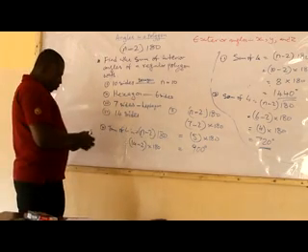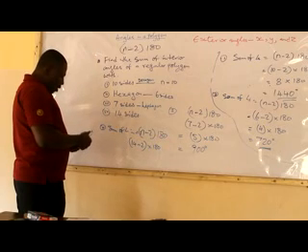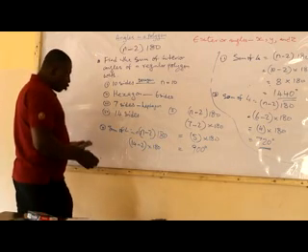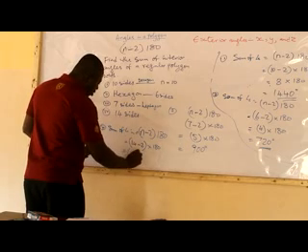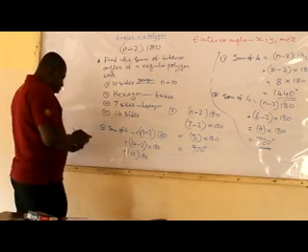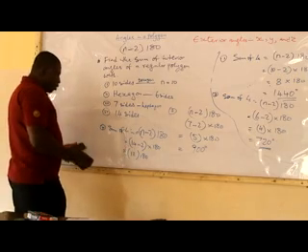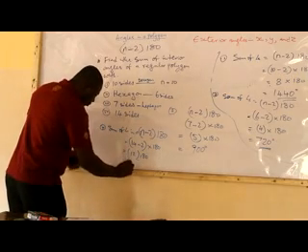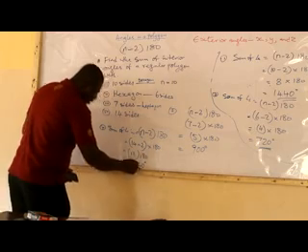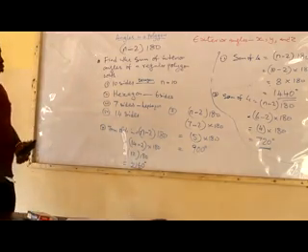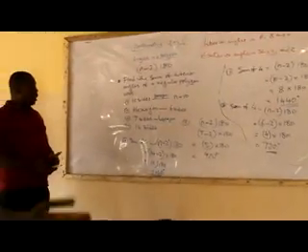If you check, 14 minus 2 will give us 12. So this is 12 times 180. When we multiply 180 by 12, it will give us 2160 degrees. That is the sum of angles in a polygon with 14 sides.